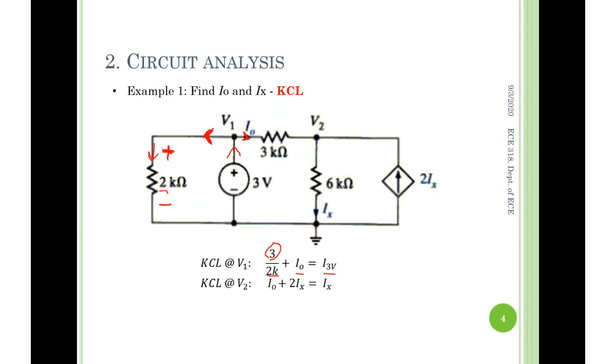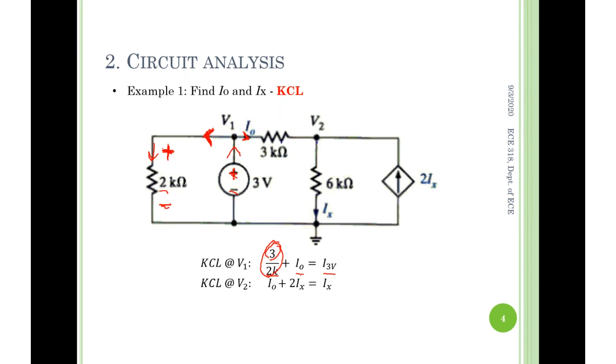You see the 3 volts with this polarity is exactly parallel with 2K, which means sharing exactly the same voltage with the same polarity. So this term is nothing but the current here, flowing towards left.